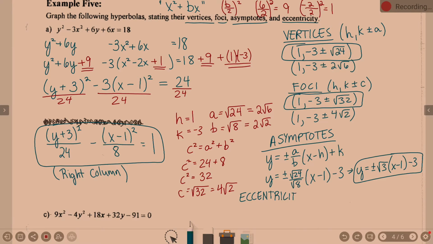Eccentricity. Eccentricity formula. Doesn't matter if we're talking ellipses or hyperbolas. E equals c over a.